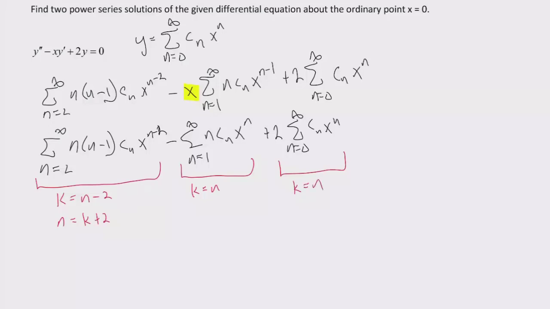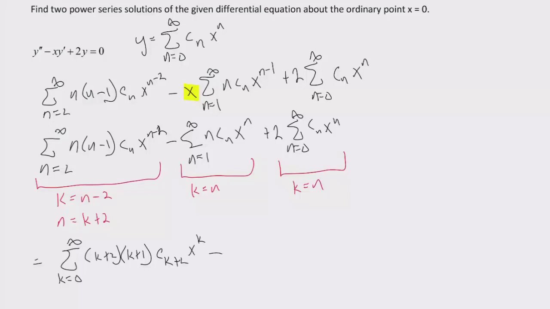All right. And so what would that give us? All right, so that's k equals 0 to infinity, k plus 2, k plus 1, c sub k plus 2 x to the k.